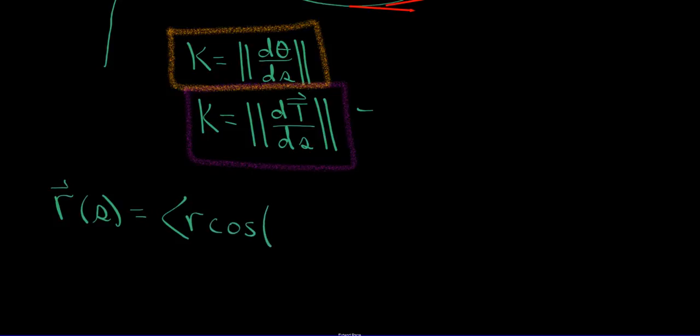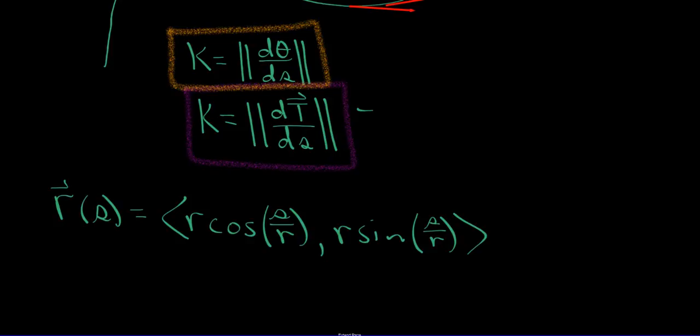Was it R over S? Or S over R, wasn't it? Do y'all remember? Yeah, it was S over R. Look at that. Okay, now what we're going to do is find the curvature of this circle.